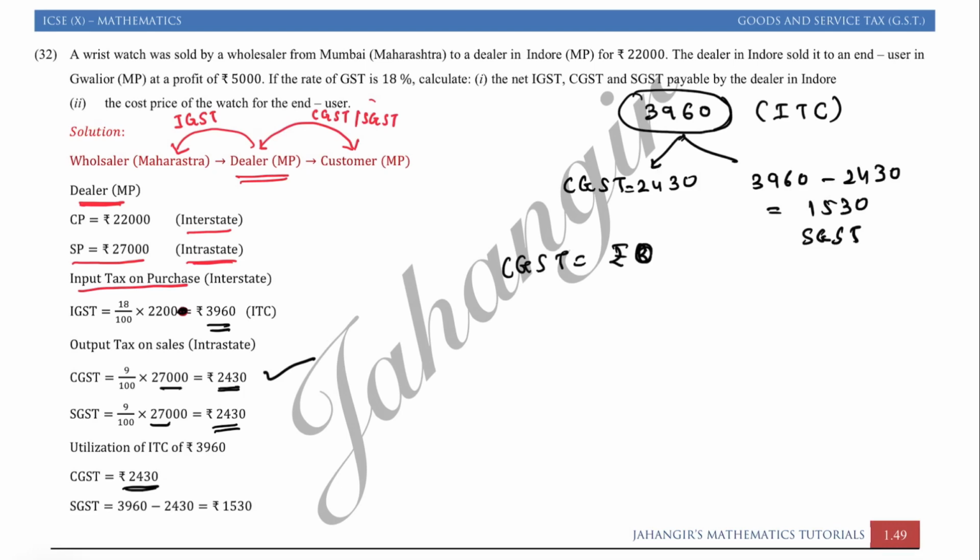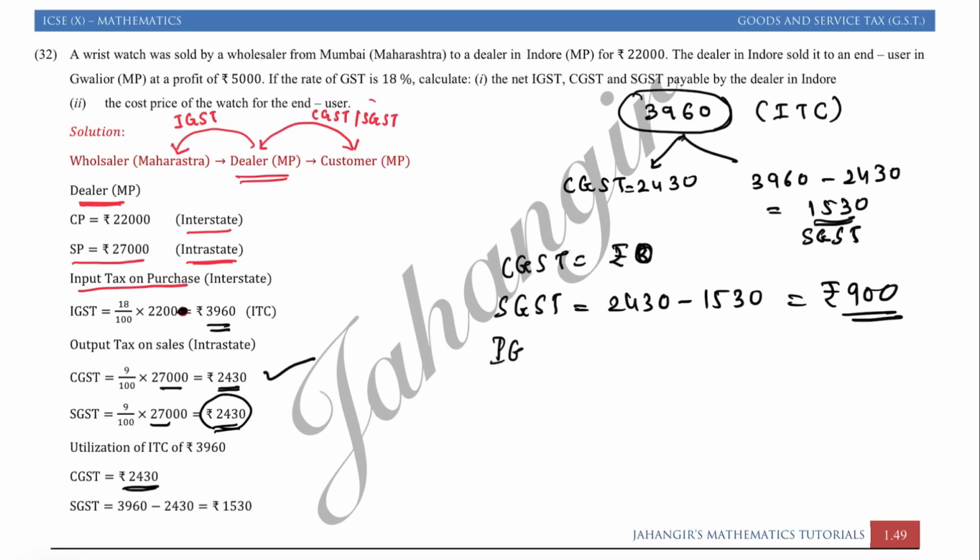It's nil now. In SGST, the state government should get again 2430, but out of that they had already taken 1530. So remaining 2430 minus 1530, rupees 900, the dealer will have to pay to the state government.